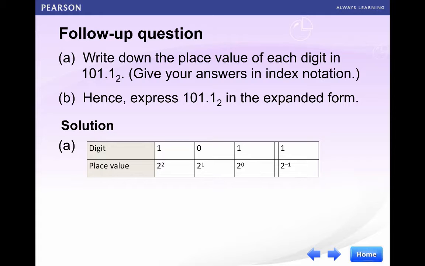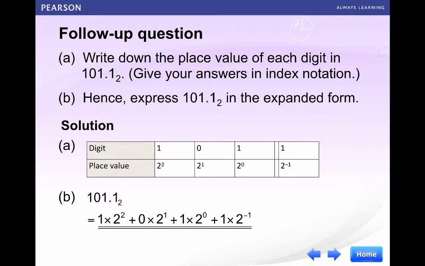So we try to find each value in the expanded form. It will be like this. So remember, before the decimal point, the place value will start from 2 to the power 0 in base 2. So you will have these answers.